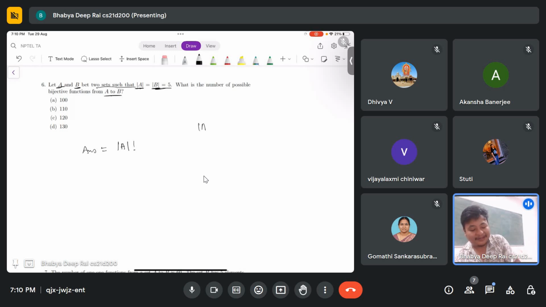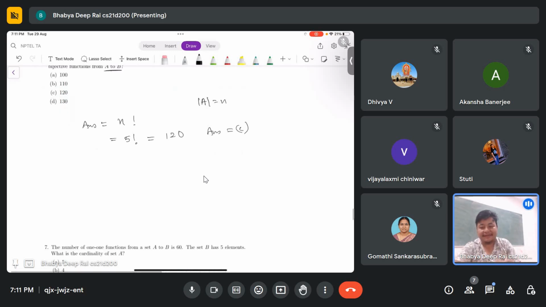If the size of A equals n, then it is n factorial, which is 5 factorial here in this case, which is 120. So the answer is C.